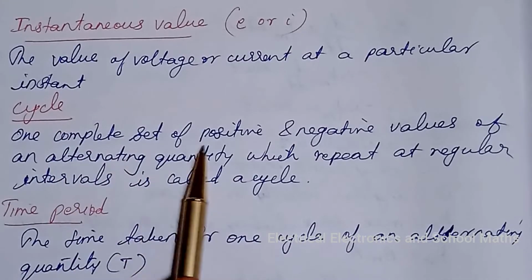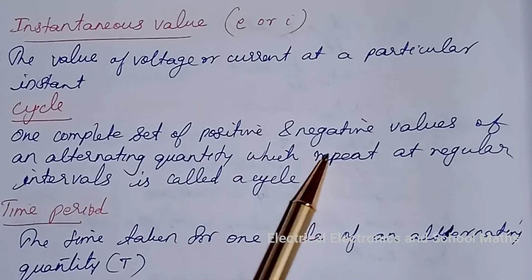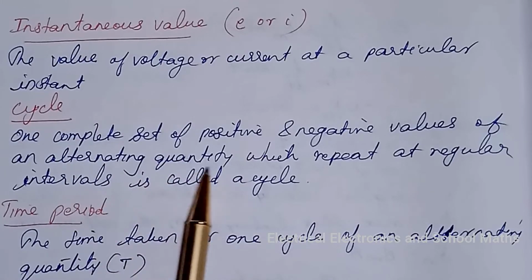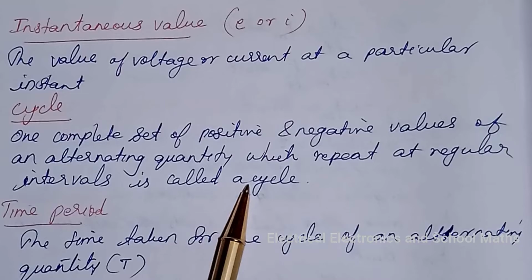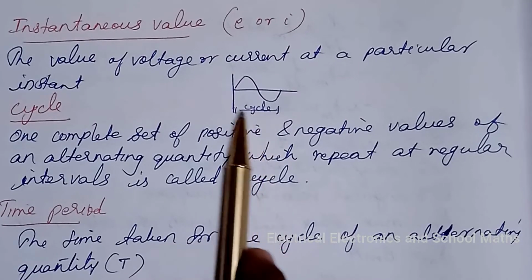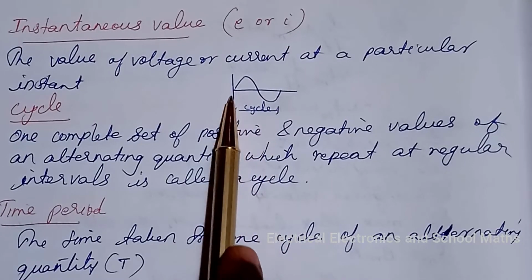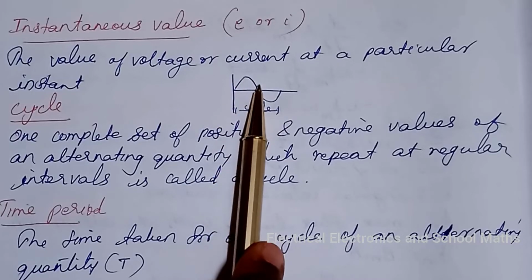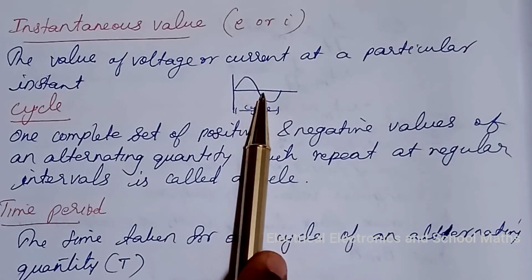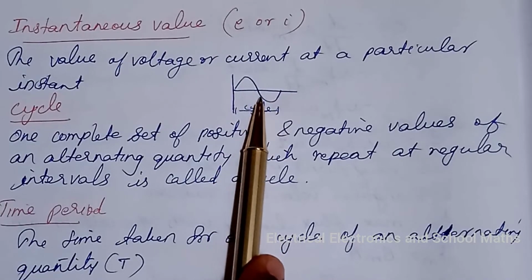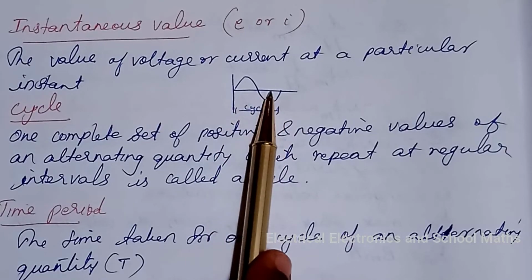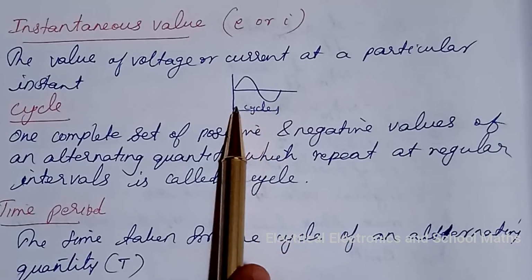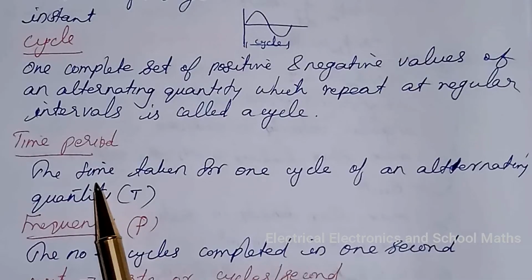One complete set of positive and negative values of an alternating quantity which repeat at regular intervals is called a cycle. This is the positive value of the alternating quantity and this is the negative value of the alternating quantity, and both these sets combined together are called a cycle.